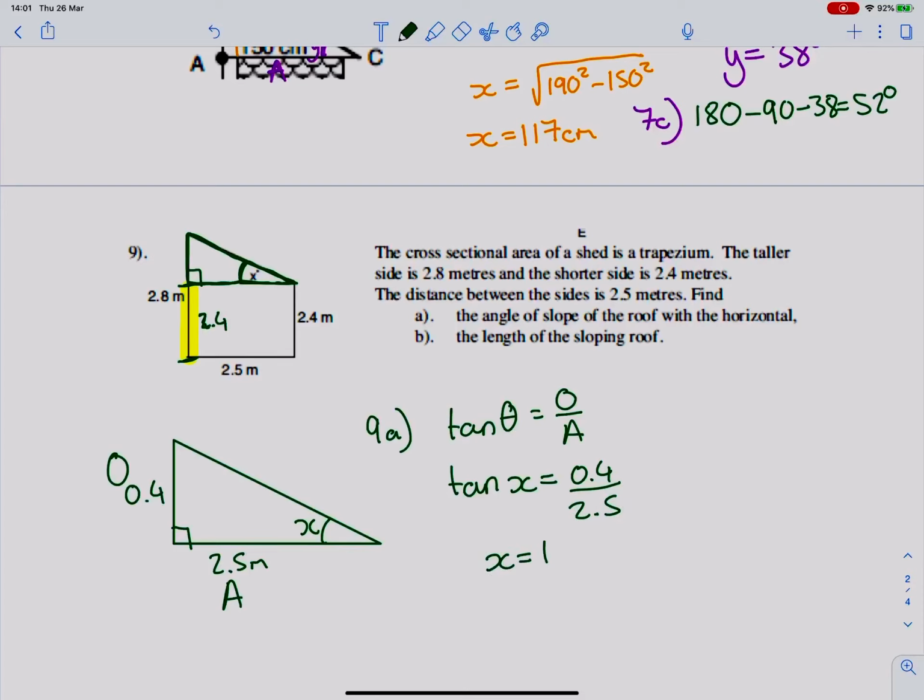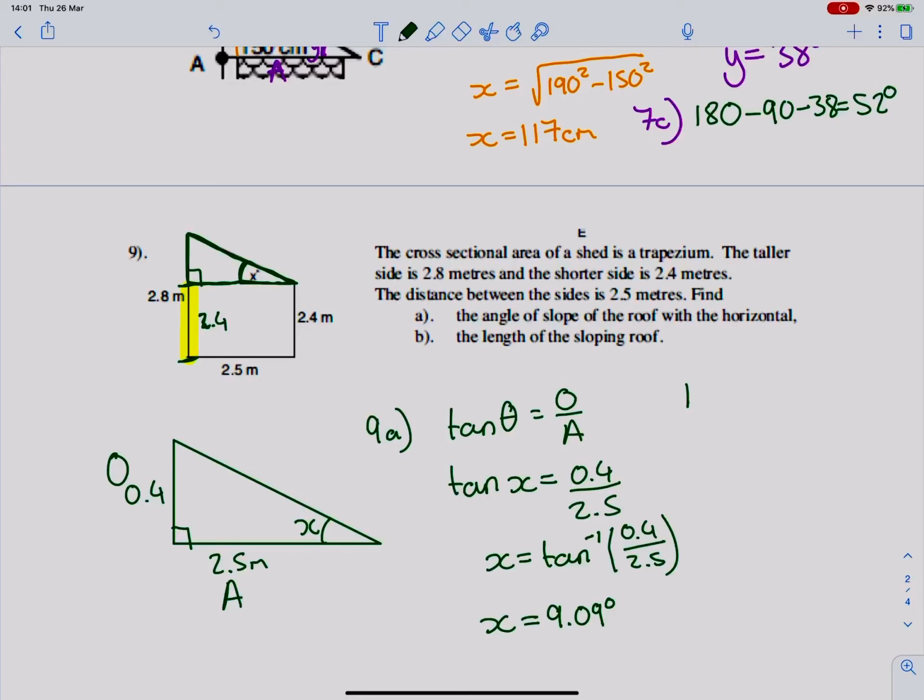Inverse of tan, so tan minus 1, shift tan on your calculator, 0.4 over 2.5, and you get an answer of 9.09. That's the size of the angle.